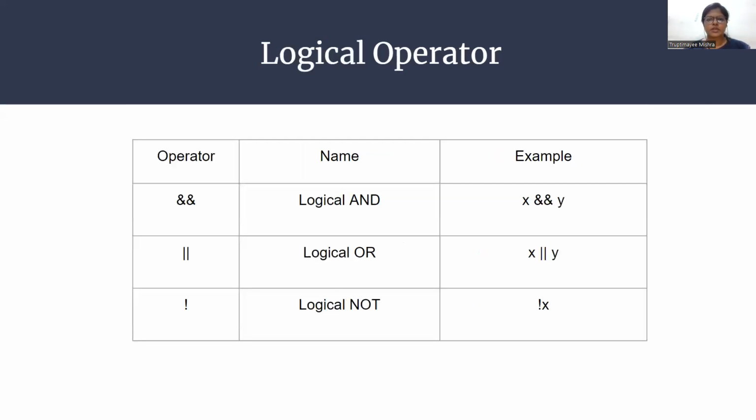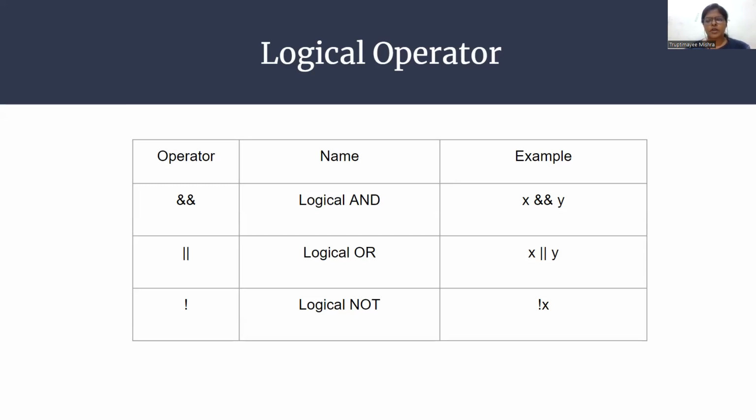So next is the logical operator. It is logical AND, logical OR, and logical NOT. In logical AND, if both x and y are true, then the output is true, otherwise it will return false.